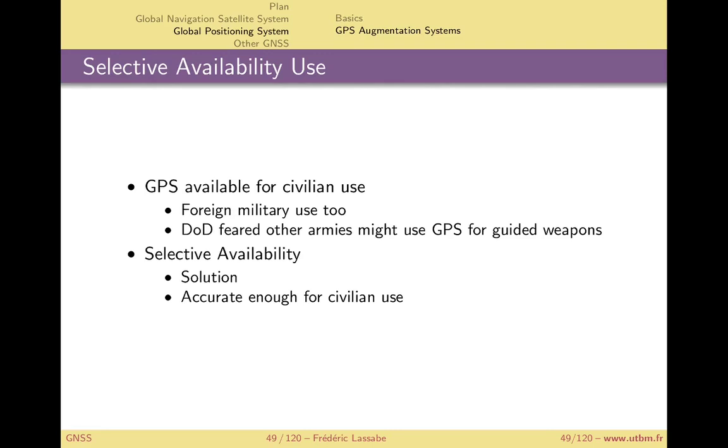I think, but it's only my opinion, that adding something around 30 meters to the positioning error of the system is ridiculous when taking into account the fear of the Department of Defense, since most of the guided weapons today have an area of effect of explosion which is far more than 30 meters.